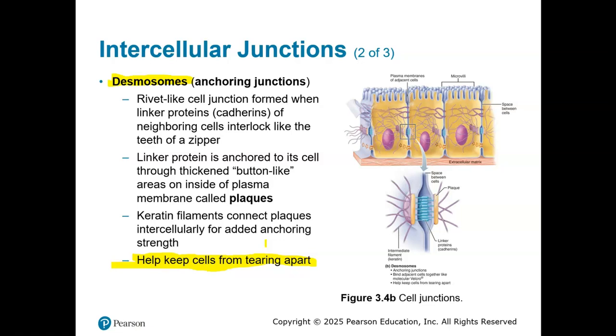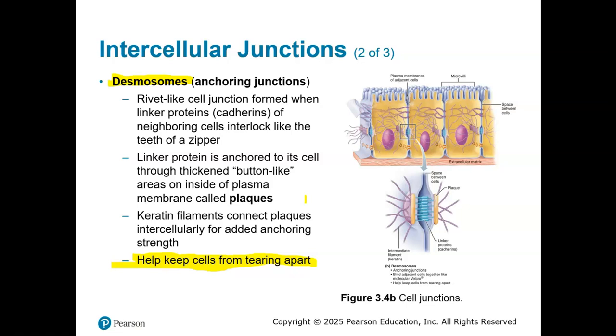Or even if you were to look at skin that gets shed, like dandruff on your scalp, or just skin flaking off, under a microscope you would realize that those flakes of skin are actually many, many skin cells that are attached to one another.